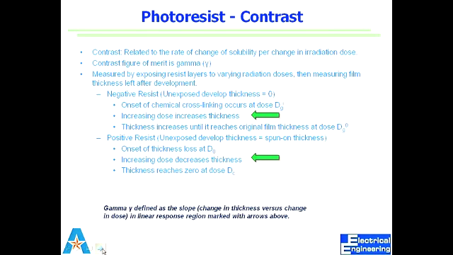Gamma is a function of that slope. So if we start with the same thickness of positive resist and negative resist, the reaction that occurs in both cases can be defined in similar terms, because there's a chemical change due to exposure to UV.